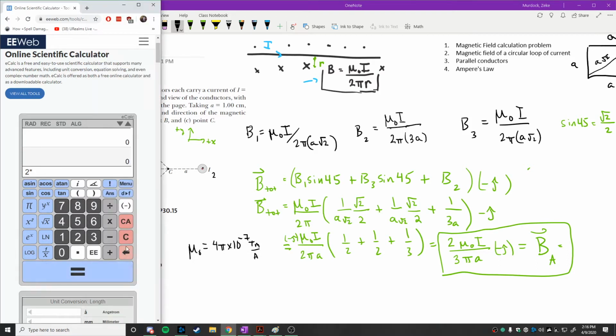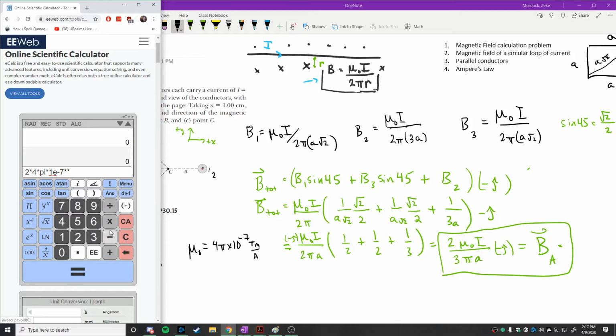So we'll be doing 2 times 4 pi times pi, and then times 10 to the negative 7, times 2. Oh, I already put the 2 in there.